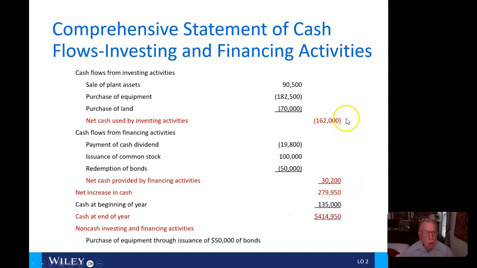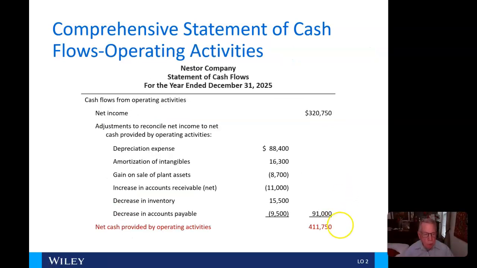So the total of these were $30,200 here. So our net increase in cash was $279,000, added to the $411,000 from the previous slide.